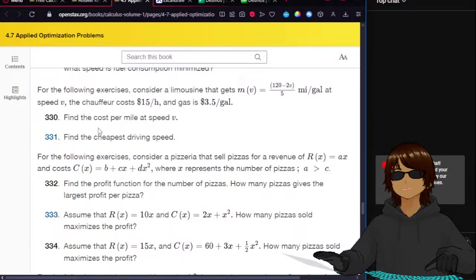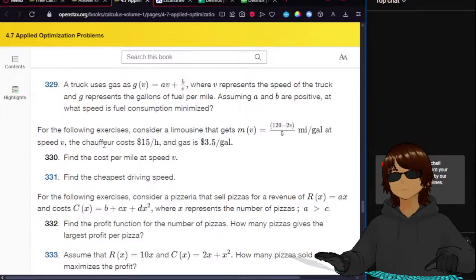Which one should I do next? For the following exercise, consider a limousine that gets miles per gallon at speed v.